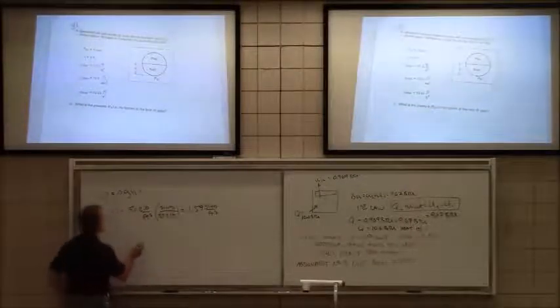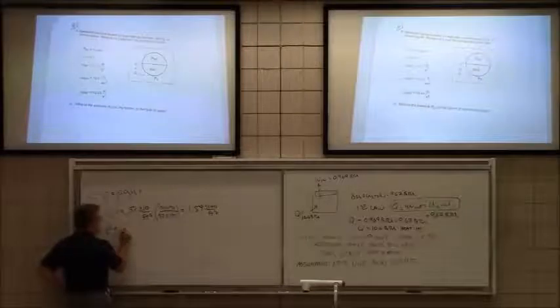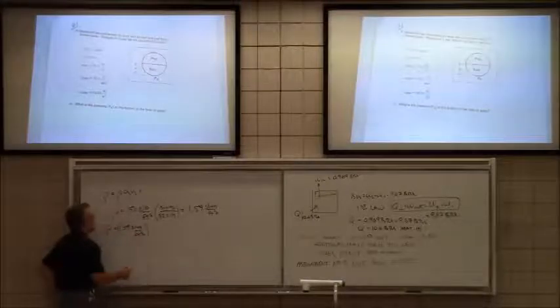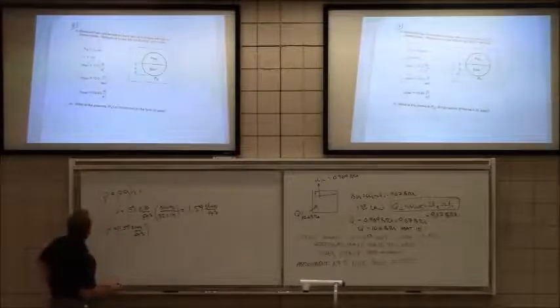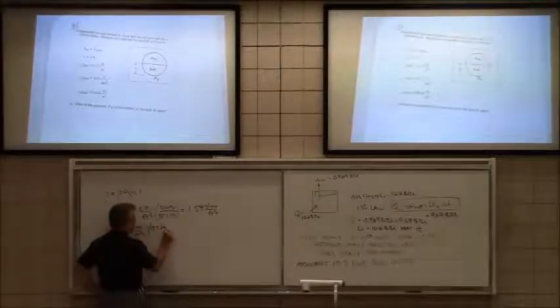Once we're in slugs, we multiply this, so my pressure here is equal to rho, which is 1.59 slugs per foot cubed, times our local gravity on Mars, which is 12.2 feet per second squared.